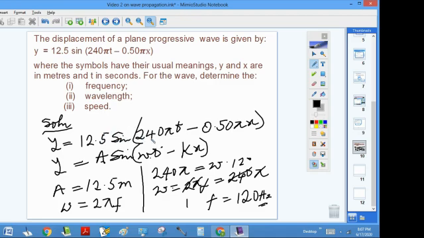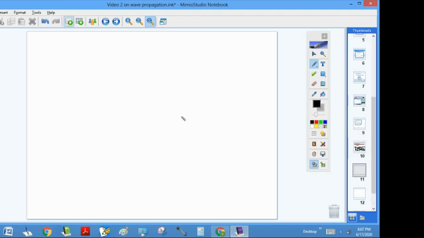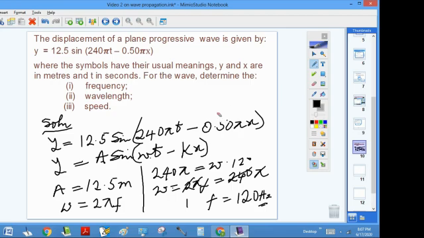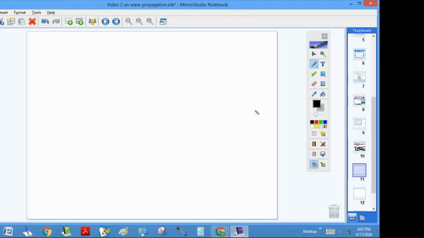Moving ahead to find the next, we are told to find the wavelength. To find the wavelength, we are going to use wave number. K is equal to 2 pi over wavelength.